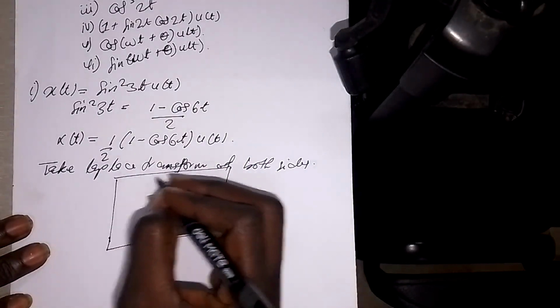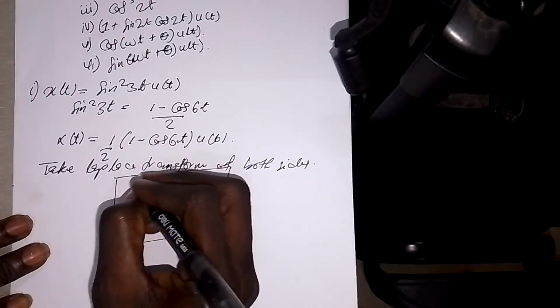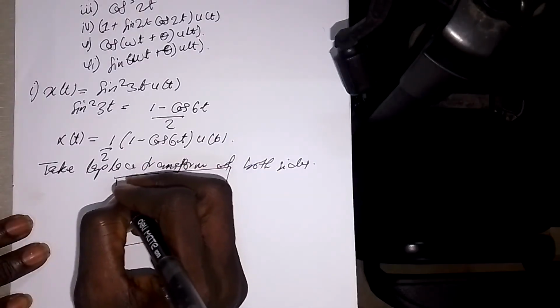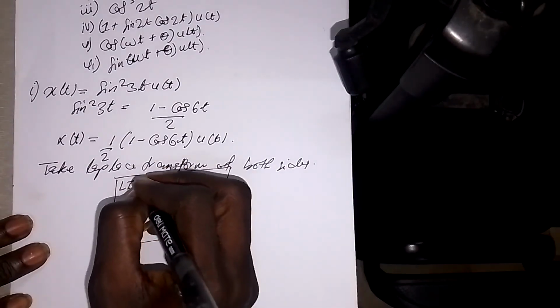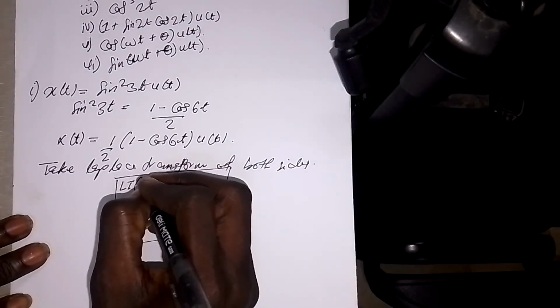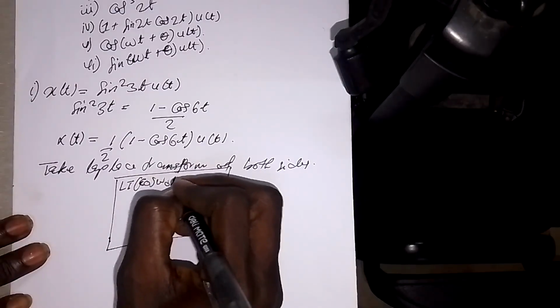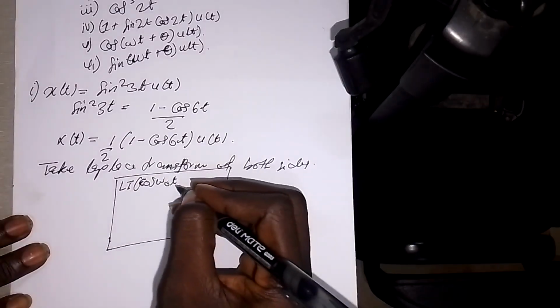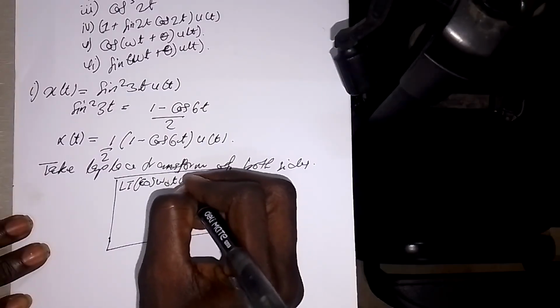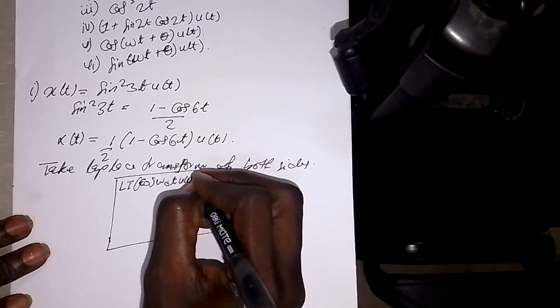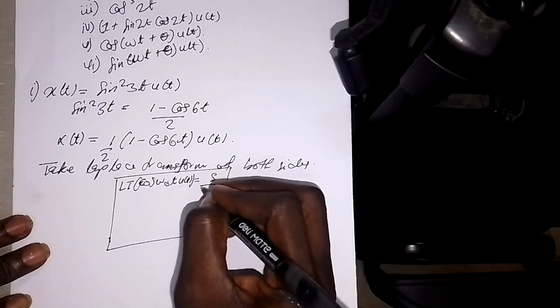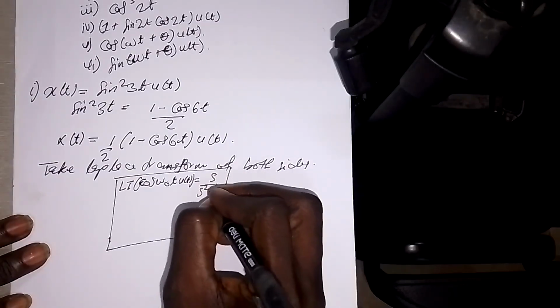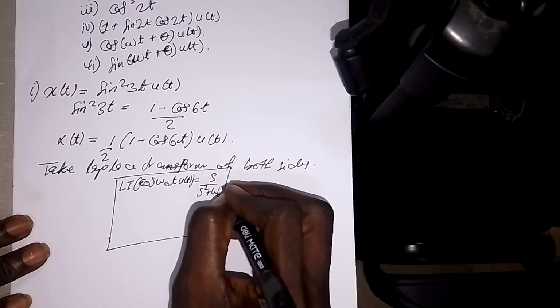So the Laplace transform of cos omega naught t into u of t, we got s over s squared plus omega naught squared.